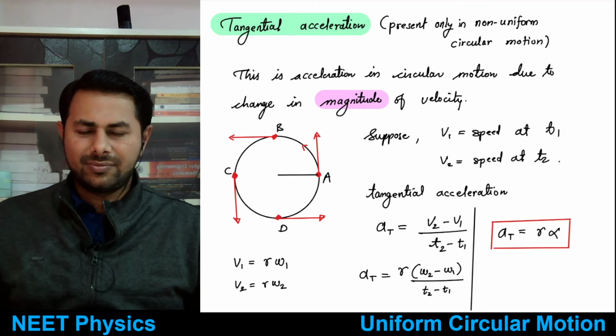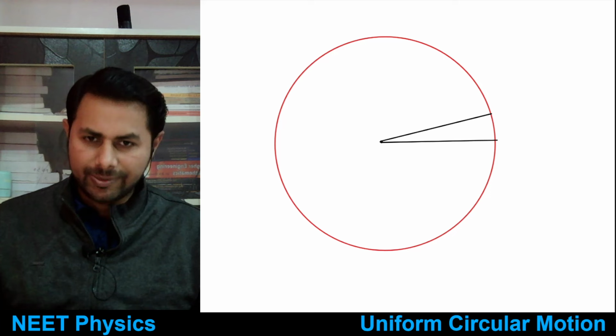Is that digestible? All right, good. Let me explain it. This is a circle. Suppose the object moves from point A to point B, and I have taken a small displacement.